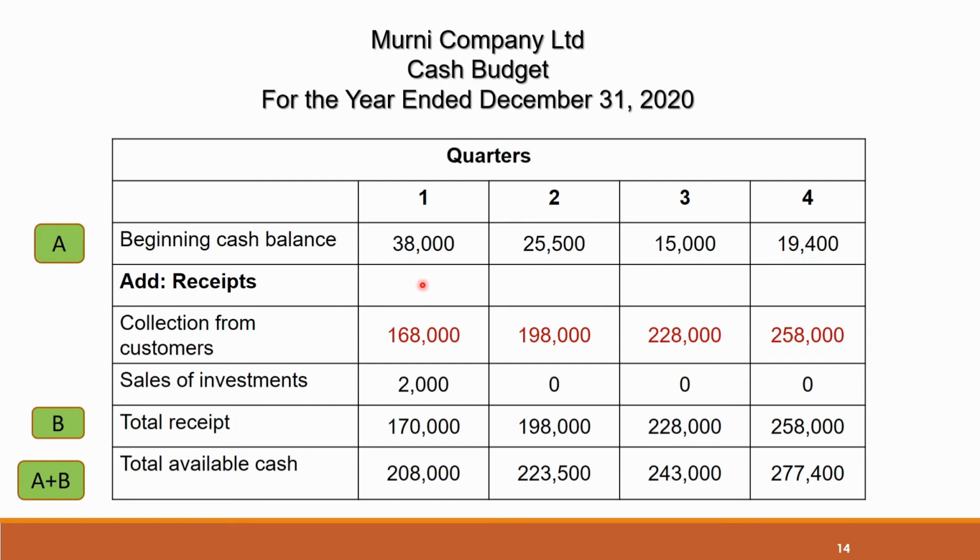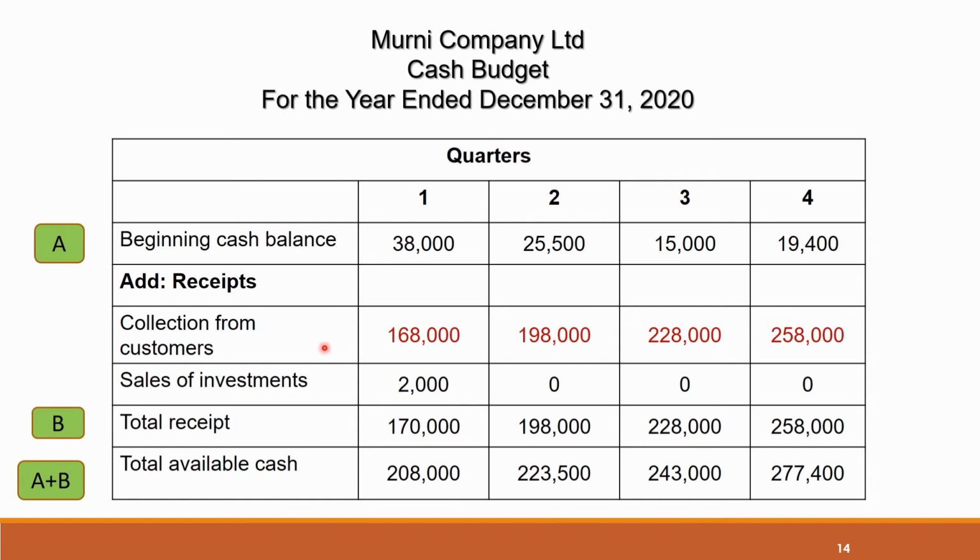Now we look at the second step. We have to record cash receipts. So from the question, there are two items that are recorded in cash receipts. Number one, collection from customers, and number two, sales of investment.